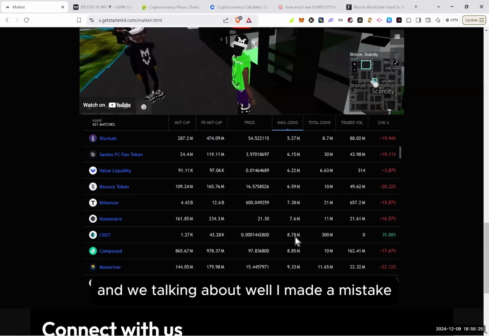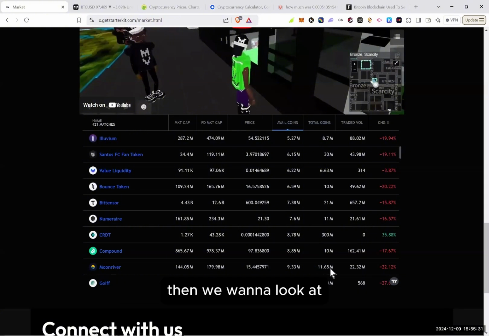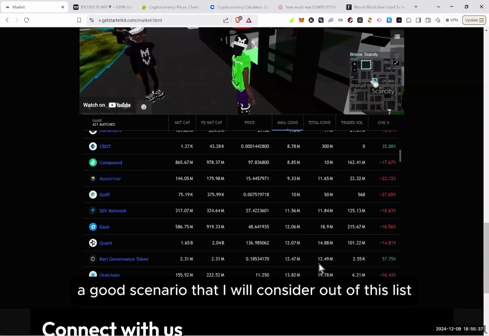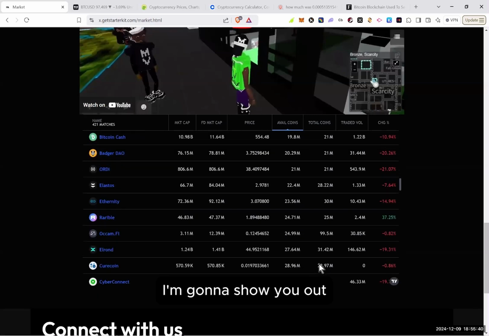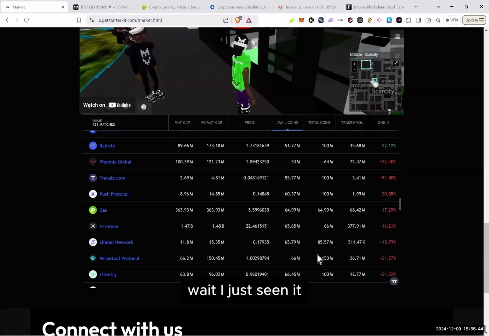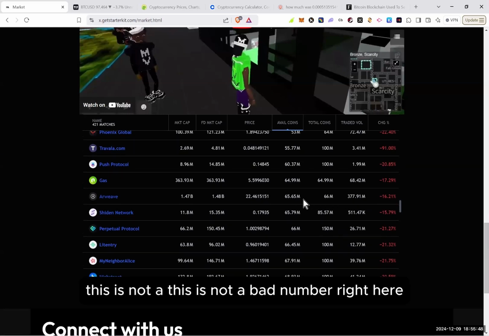Well, I made a mistake. We're gonna look at total coins first. Then we want to look at available coins relative to the total coins. So a good scenario that I would consider out of this list, I'm gonna show you, without me looking at anything else. I'm just gonna look at total coins and available coins. Wait, I just saw it. Okay, this is not a bad number right here.